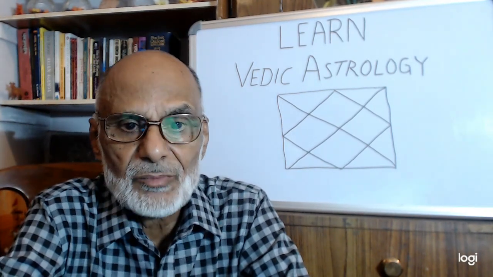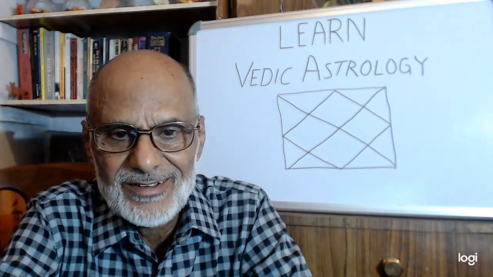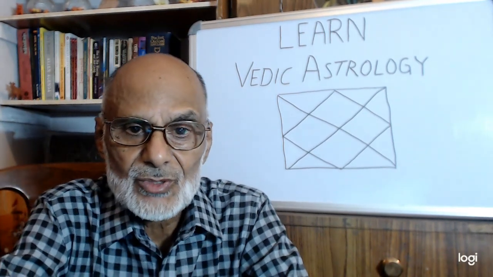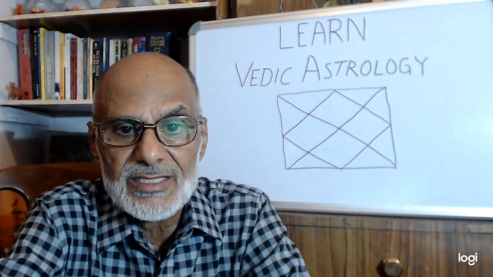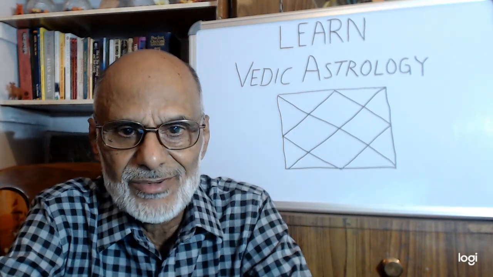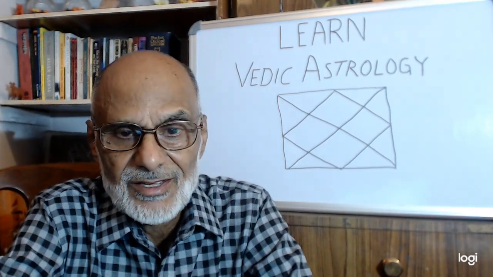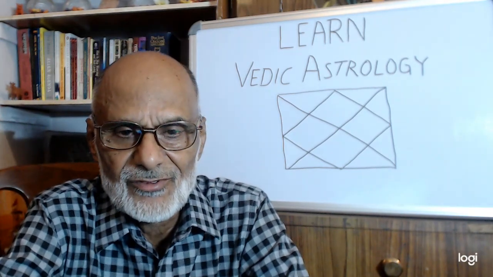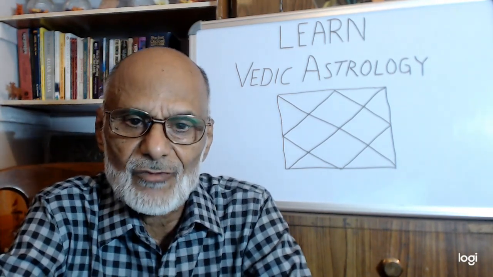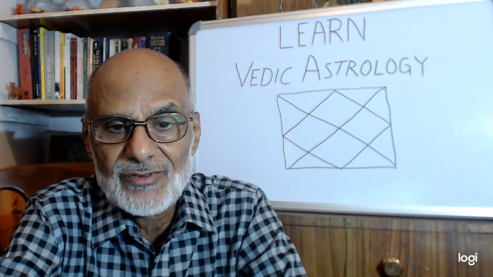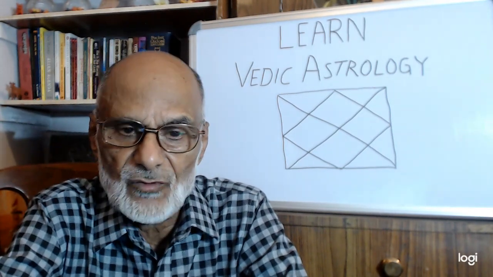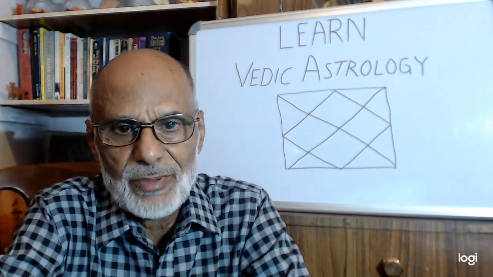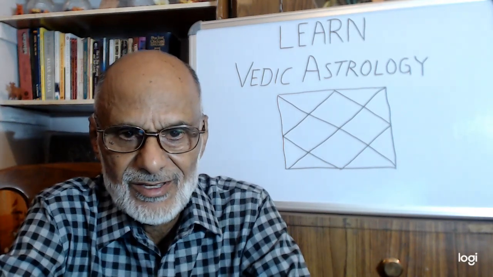Jyotish, something which lights up. So astrology is a science as well as art which lights up the things and makes you aware of life, the purpose of life, how to understand life, because everything is being influenced by the planets, the signs, the stars.